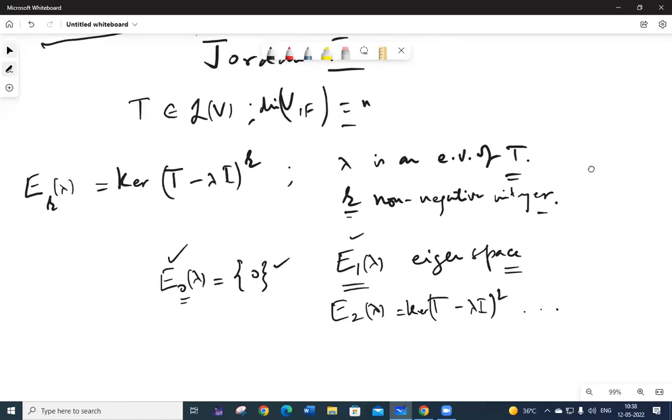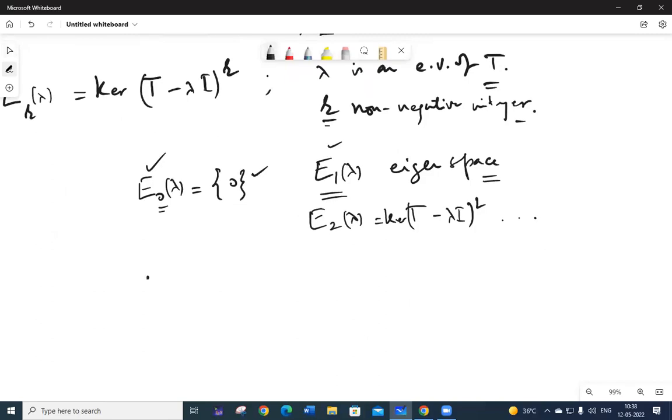We are getting a chain like this: 0, which is E_0(lambda), contained in E_1(lambda), contained in E_2(lambda), and so on. Are you convinced with that?